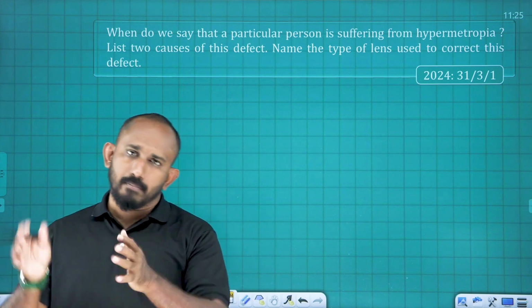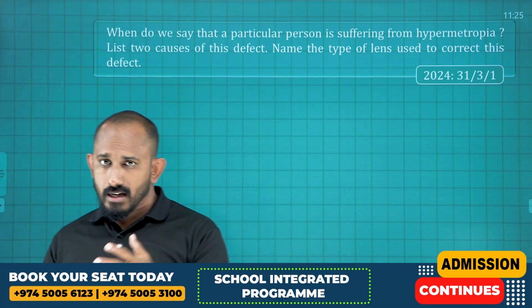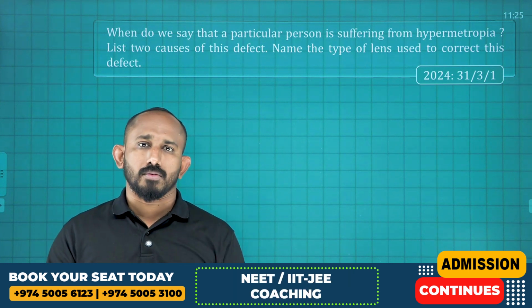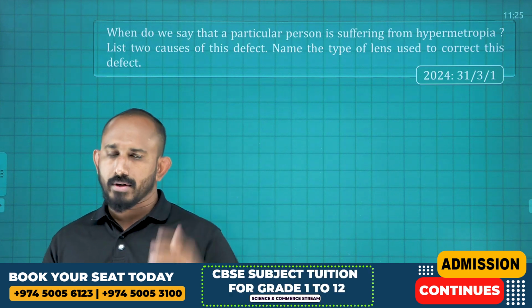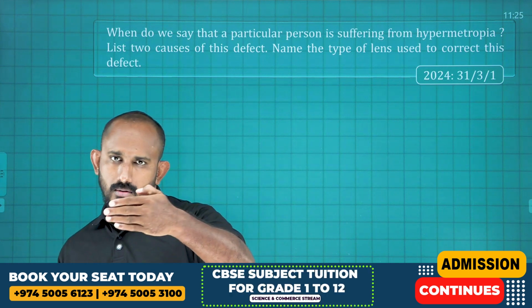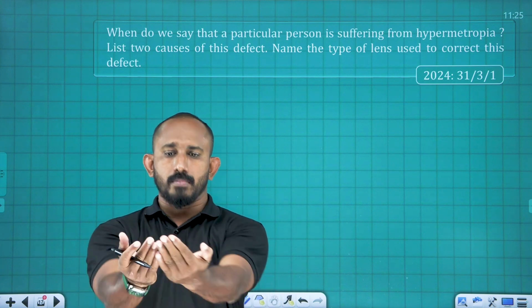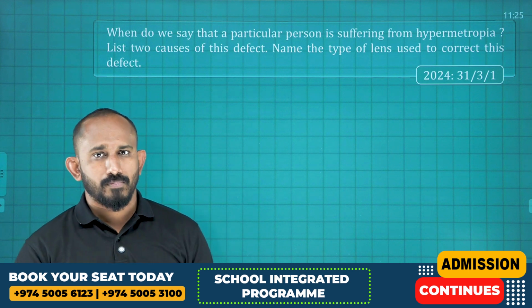A normal eye has clear visibility from 25 centimeter. This person won't have 25 centimeter, maybe more, like 50 centimeter, 40 centimeter, maybe 1 meter or so. Below 50 centimeter, if you keep anything, they can't see. So to read, they have to keep things far away. That's the defect of hypermetropia.